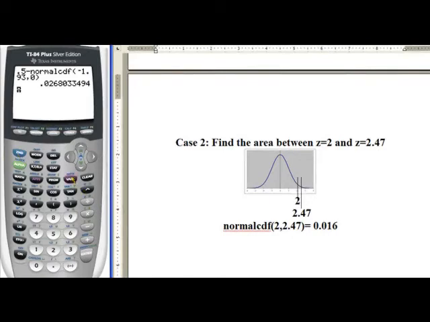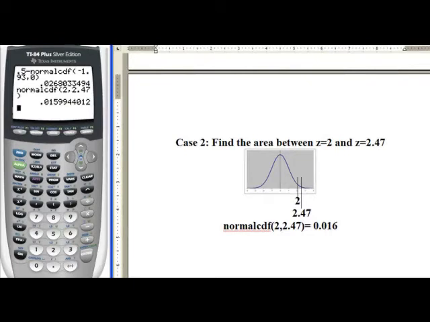Second distribution. Second option is normal CDF. And you are going to integrate from 2 to 2.47. When you close your parentheses and push enter, that will give you the area that you're looking for.